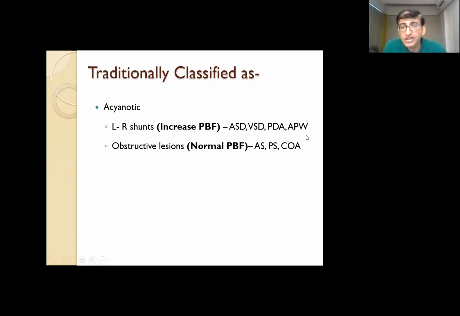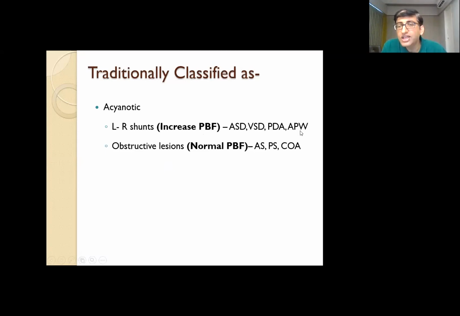We have various lesions, whether it's a left to right shunt or an obstructive lesion. So how will you come to know whether the suspected child having acyanotic heart disease has a left to right shunt or an obstructive lesion? It will be decided by determining the pulmonary blood flow clinically.